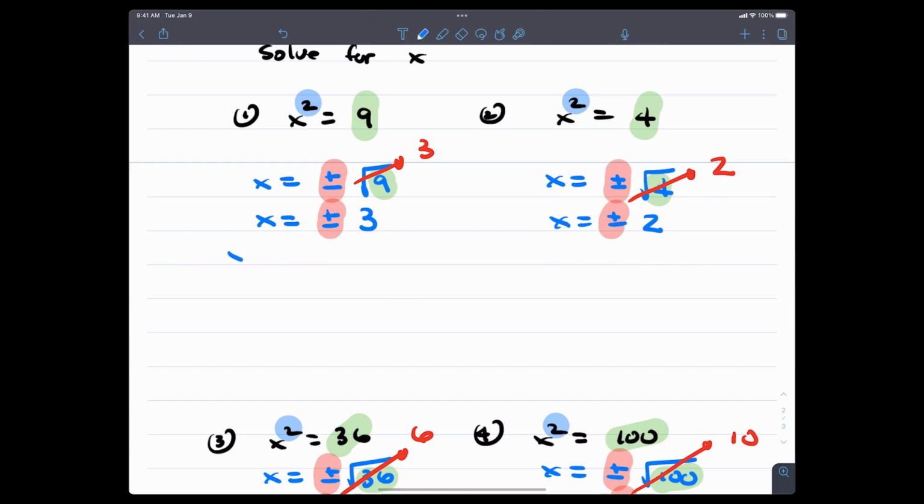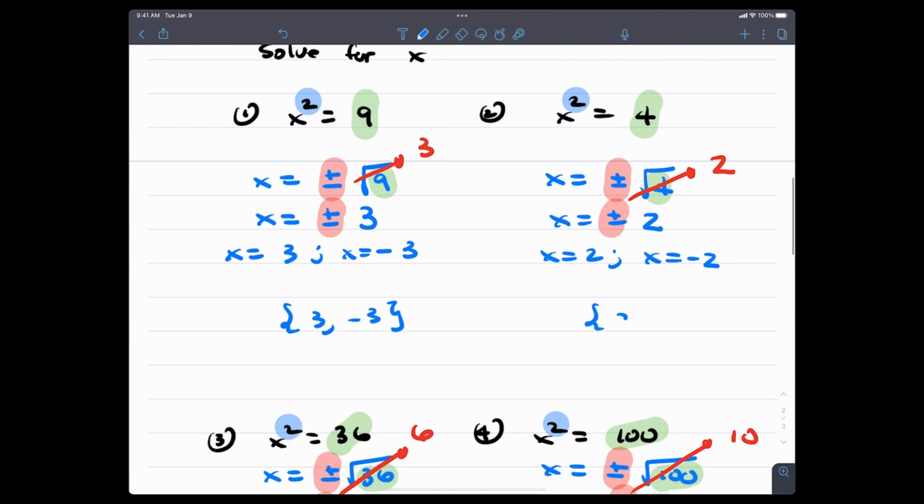It means in one case, x is positive 3, and in the other case, x is negative 3. Here, x is positive 2, x is negative 2. And in set notation, 3, negative 3, 2, negative 2. Here are the two solutions. All right, you guys okay with that? Here's your two solutions. There it is.